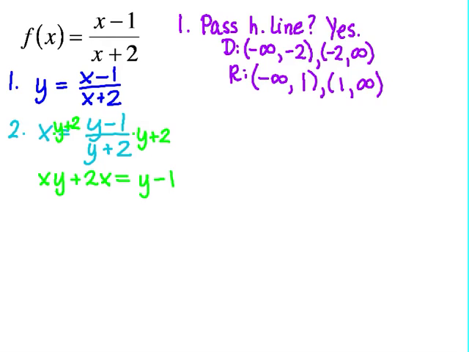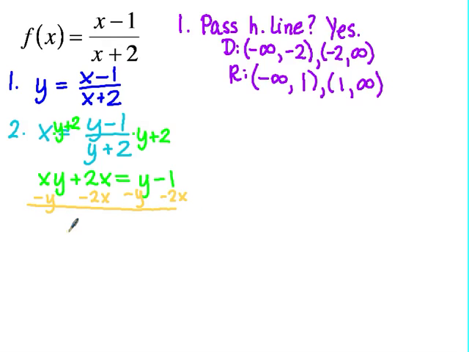So then now we have to solve it for y. In order to solve for y, I want to get everything with y on one side. Everything else goes on the other side. So do you want to move the y over, or do you want to move the xy over? The y, okay. So if I move the y over here, that's going to now be partnered up. Then I also have to move the 2x over here.